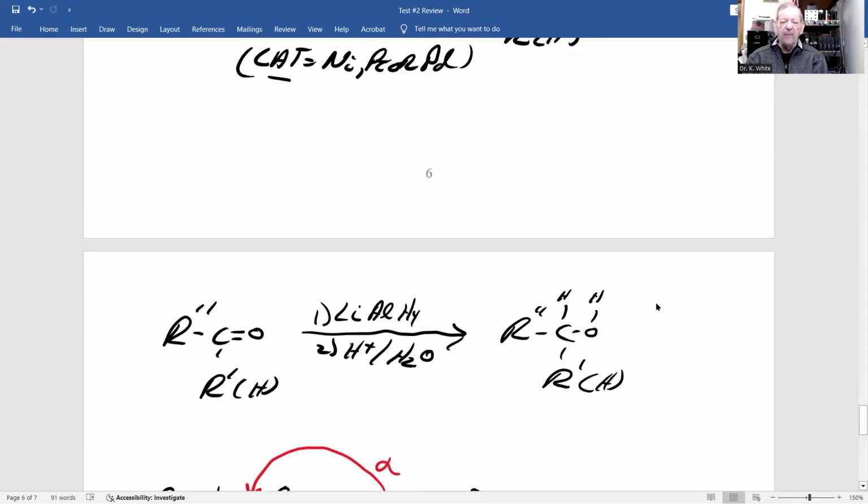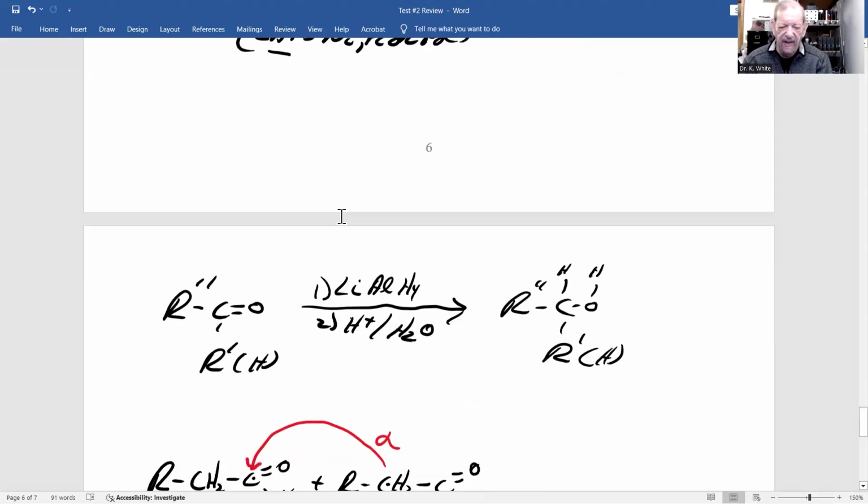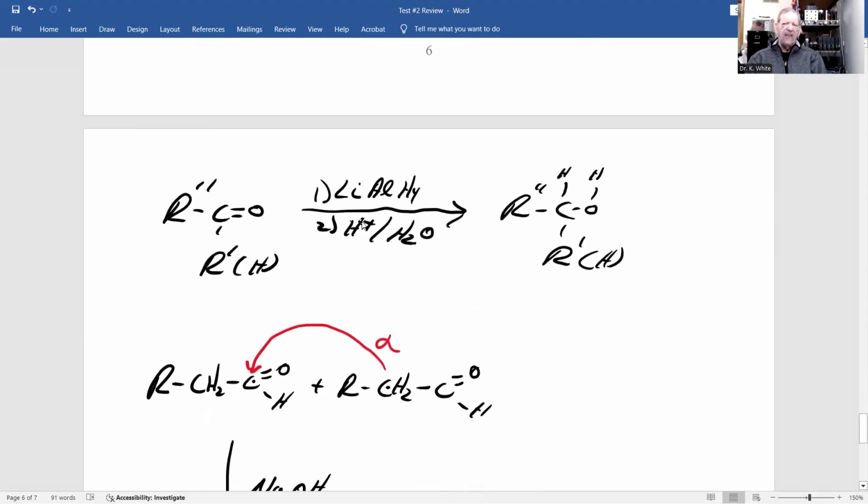Now, if you had a double bond in this molecule, which we won't in this class, but in real life you could, this hydrogen catalyst would destroy that, hydrogenate that. And a great organic chemist, I believe at Purdue, Dr. H.C. Brown, back in the late 1940s, came up with a new reagent, and he won the Nobel Prize for that, lithium aluminum hydride, LiAlH4.